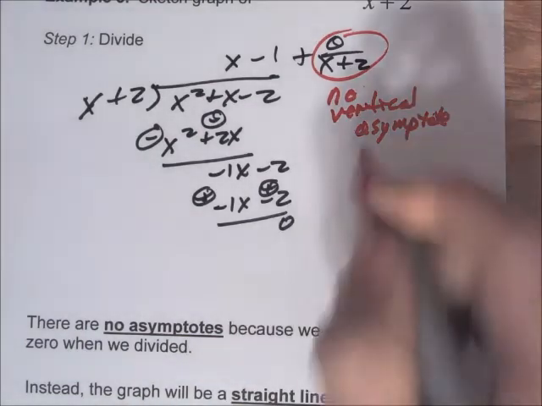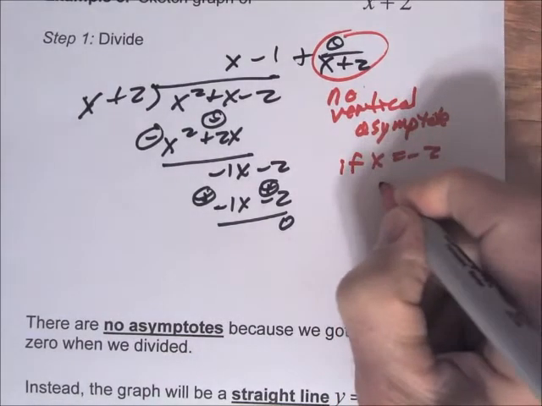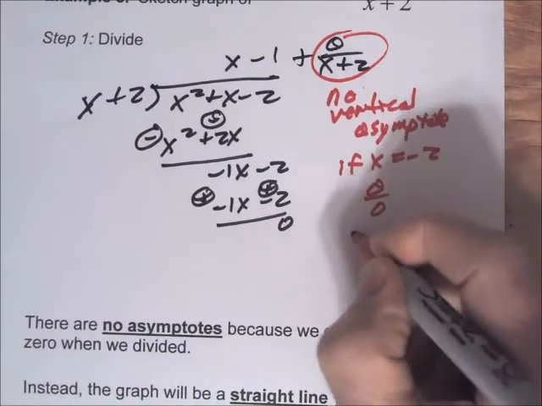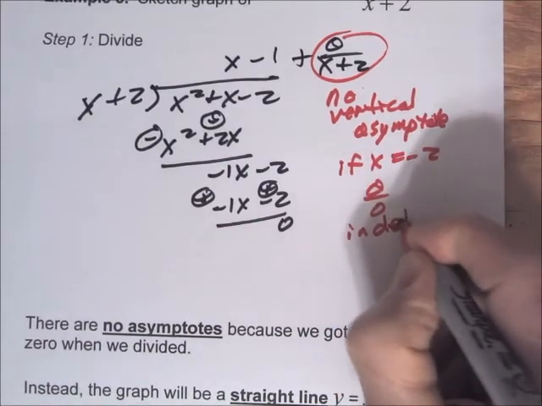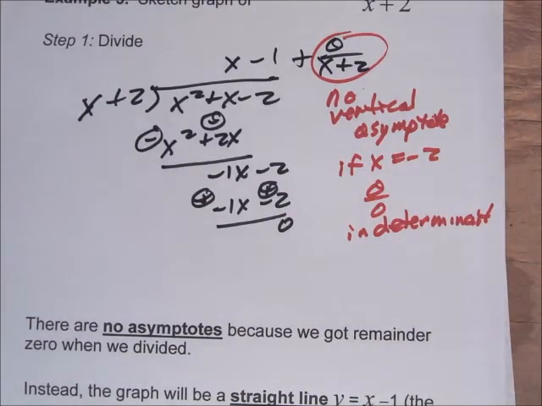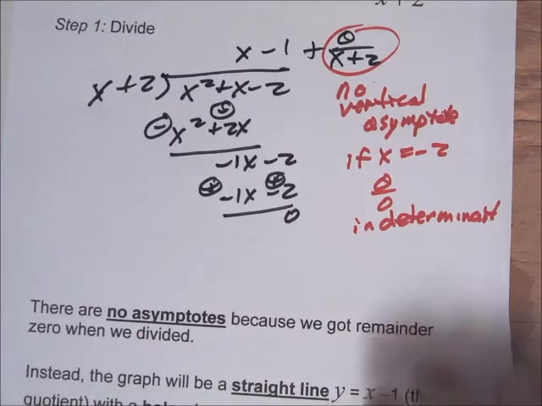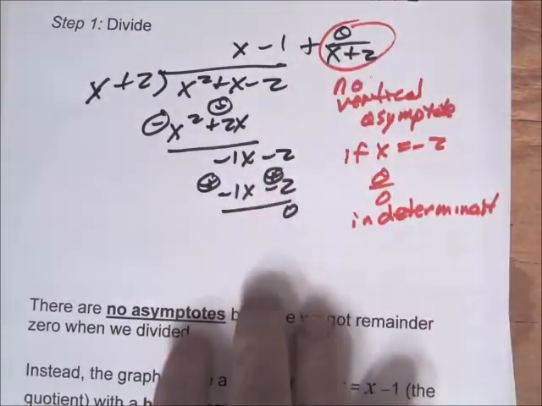If x equals negative 2, 0 over 0 is indeterminate. It's an indeterminate form that we'll work with a little bit later in the semester, but 0 over 0 is called an indeterminate form. So this graph is just going to be undefined there, but there's no asymptote.